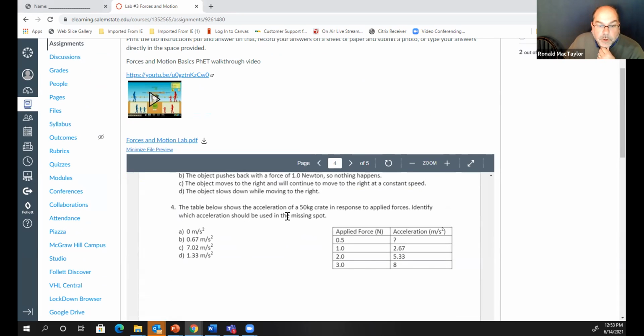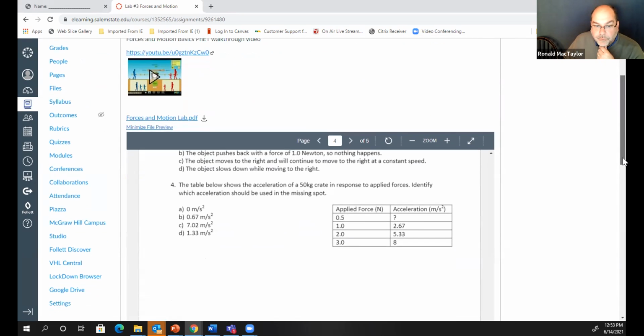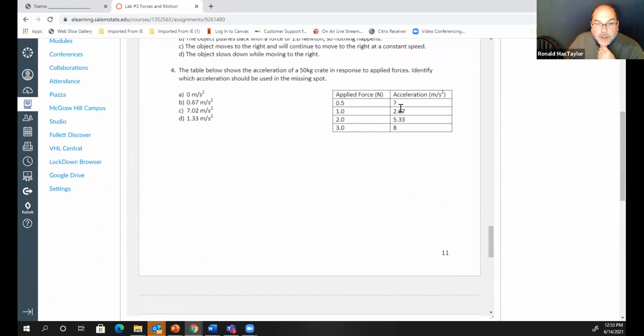So the table below shows the acceleration of a 50-kilogram crate in response to applied forces. Identify which acceleration should be used in the missing spot. I don't know that they're claiming that it's uniform, but I guess it doesn't even particularly matter.